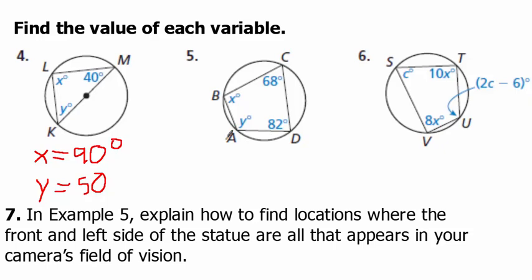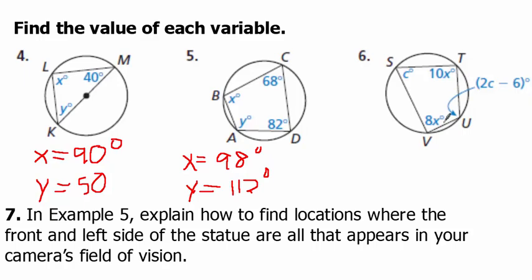Opposite angles have to be supplementary, so that means angle X is going to be 180 minus 82, so that's 98. And Y is going to be 180 minus 68, so that's going to be 112.